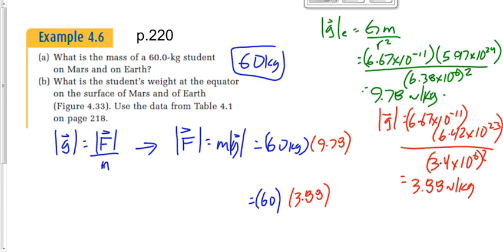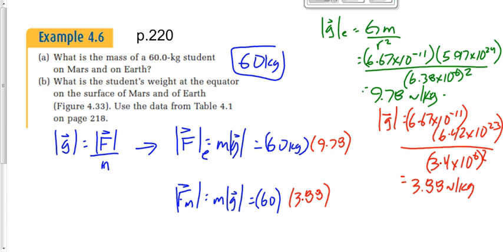Did anybody see something else I could have done besides what I just did? Yeah, I used the producer equation and I used the experiencer equation. And it worked, right? Does anybody see something else I could have done here? No?